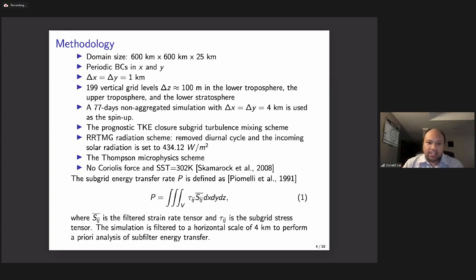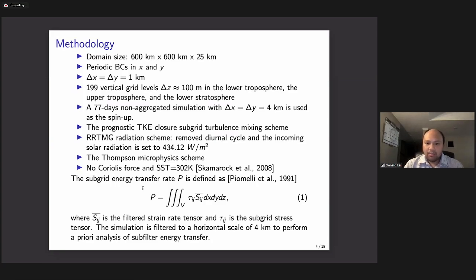by a priori analysis, I actually mean the calculation of the subgrid energy transfer rate. So this is the definition of the transfer rate P. And in our project, the positive P means backscatter and negative means dissipation.